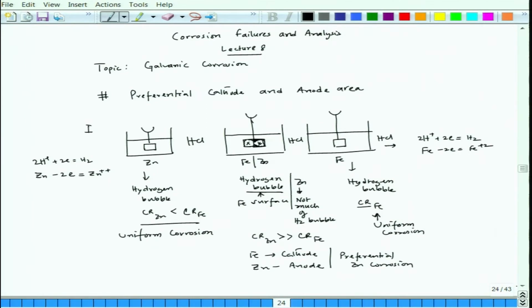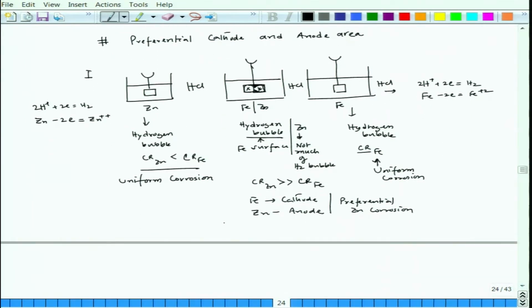And if we see the center part, we will have another reaction, but the rate of this reaction would be very small compared to the rate of this reaction, but you would actually experience iron dissolution also.